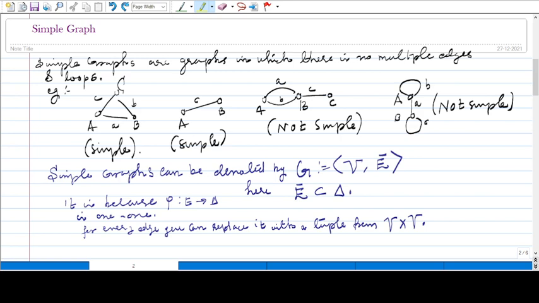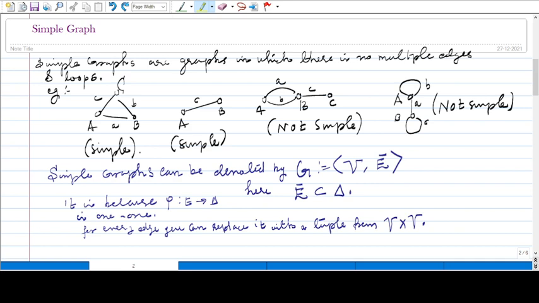When you have simple graphs, you can reduce the notation of the graph from a triple to a tuple. How do we do that? It's very easy. In a simple graph, the function phi is always one to one, because between every pair of vertices there is at most one edge.